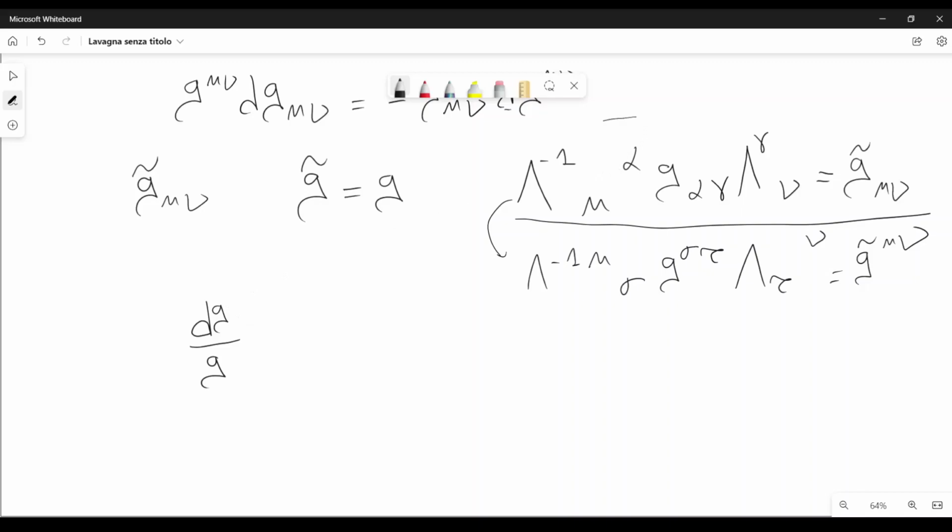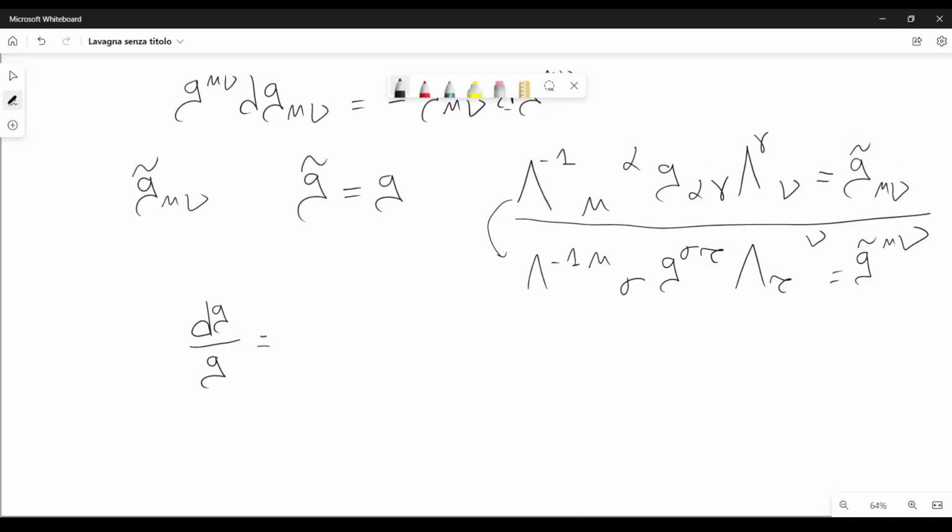If you take the determinant here on both sides, you will get the determinant of g is equal to the determinant of g tilde, because here we have the product of the determinants, and the determinant of the inverse of Λ is equal to 1 over the determinant of Λ. So they will get cancelled and I will be left with only the determinant of g. So the determinant of g will be equal to the determinant of g tilde.